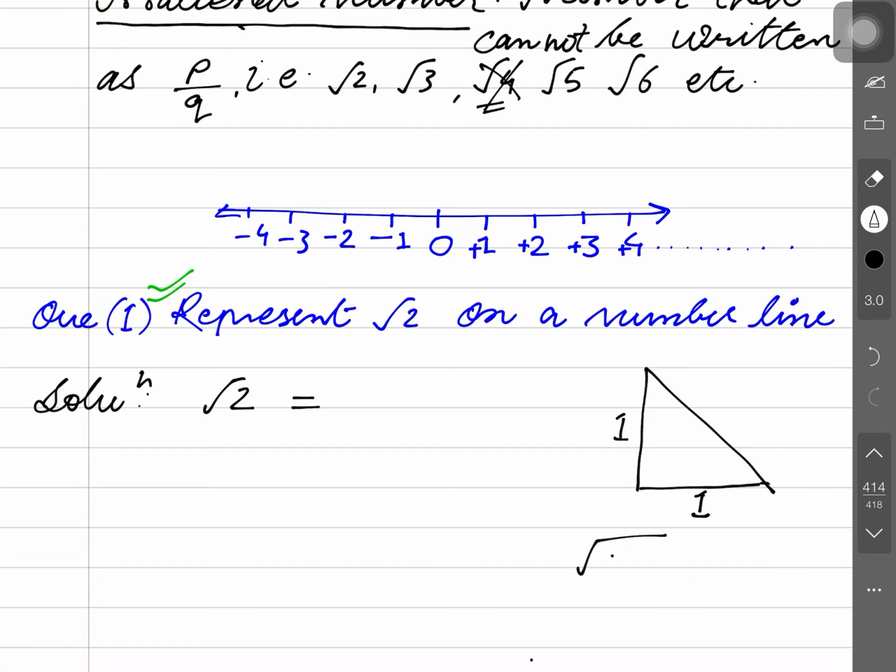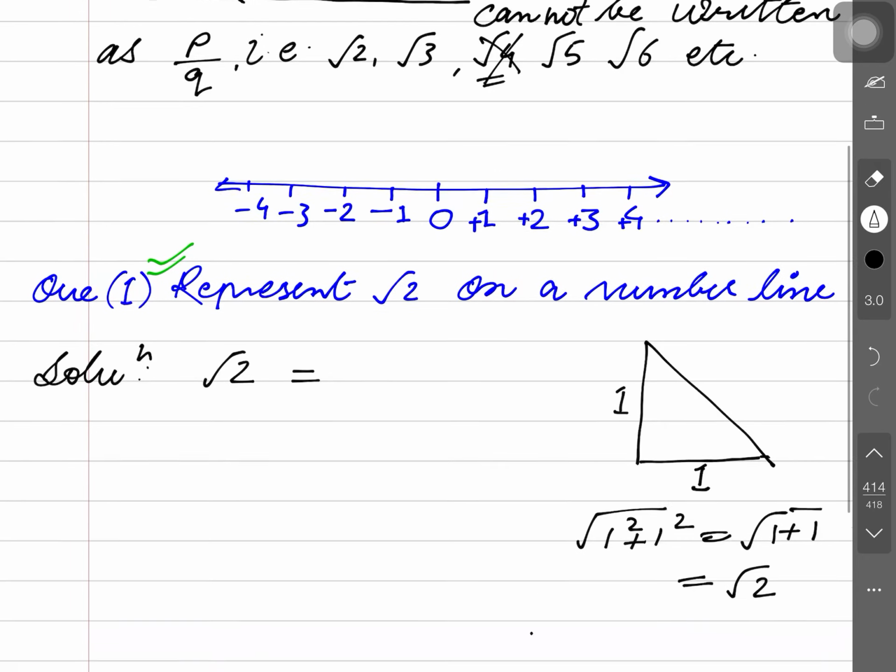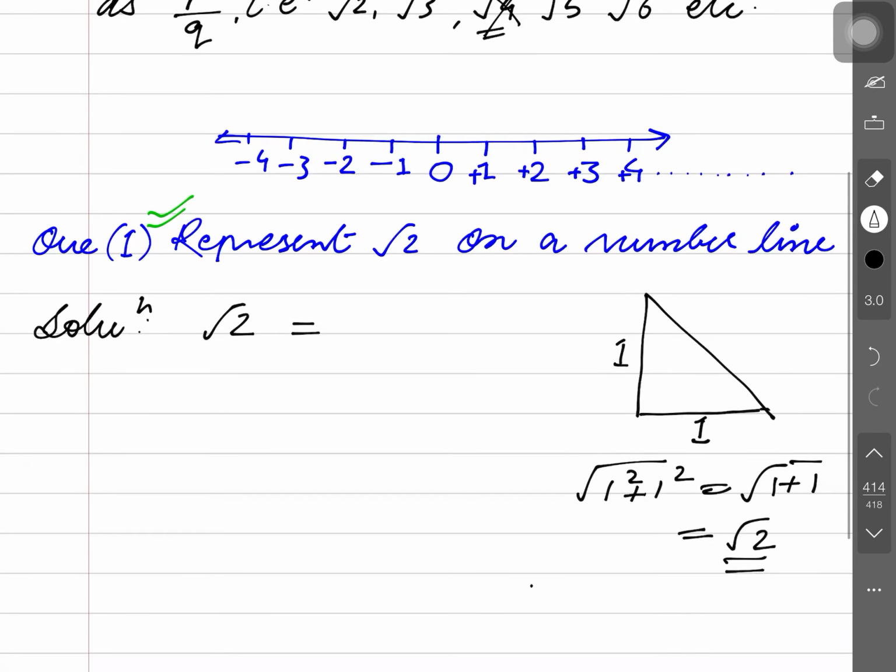So under root, we can write 1 square plus 1 square, which is 1 plus 1. What will it be, please tell me? 1 plus 1 will be 2, root 2. So this is root 2, meaning the length of the hypotenuse is equal to the quantity root 2. Is that clear?